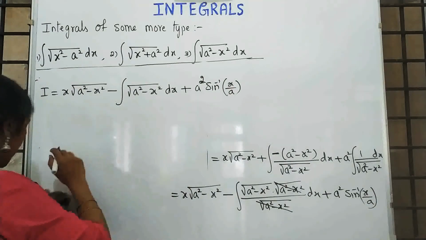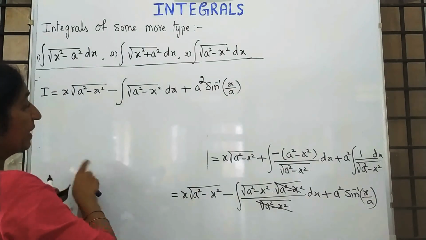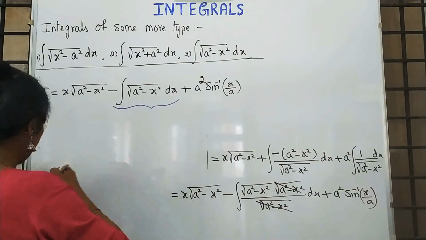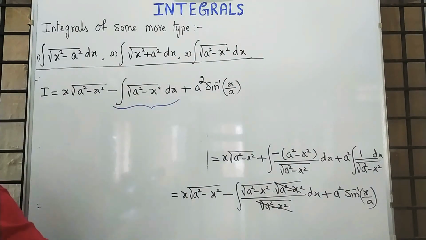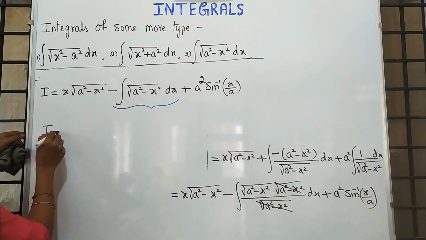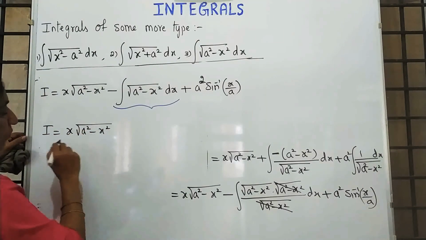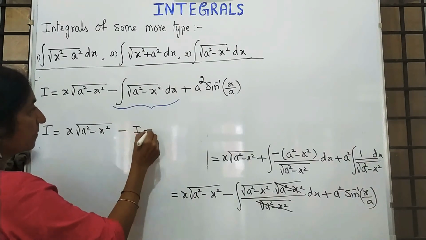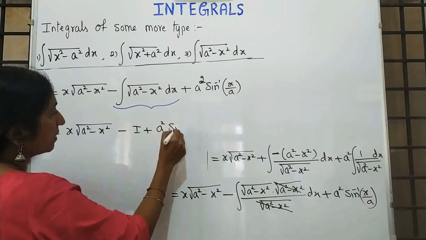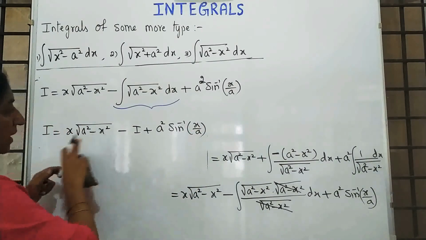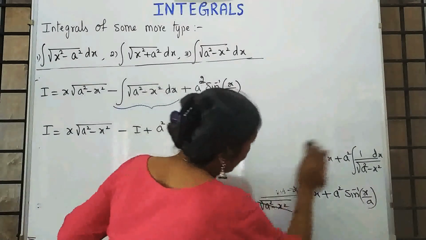But what about this integration? Already you are familiar in equation 1. This integration will be written as I. I is equal to x into root of a square minus x square minus I plus a square sine inverse x upon a. Take minus I on the left side.